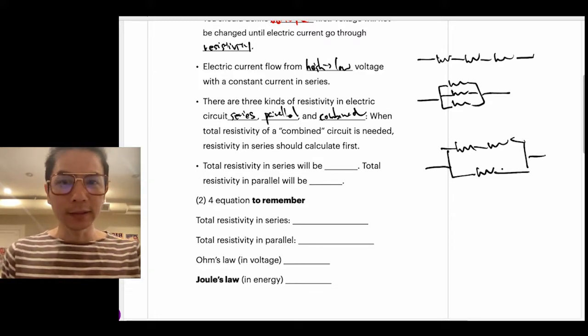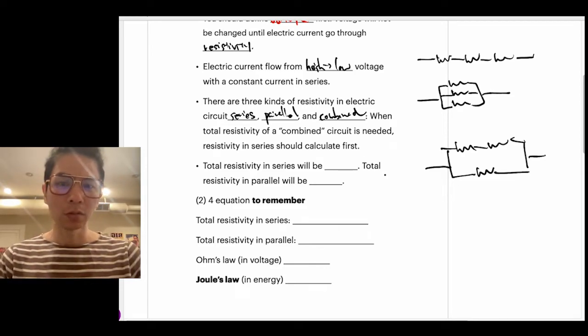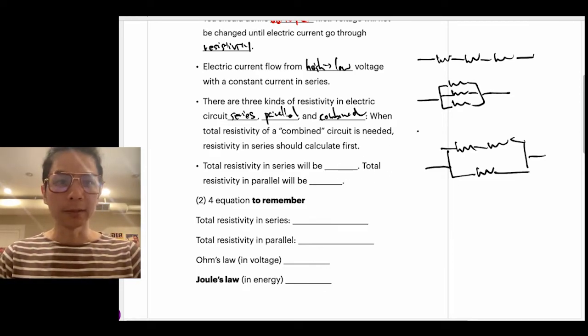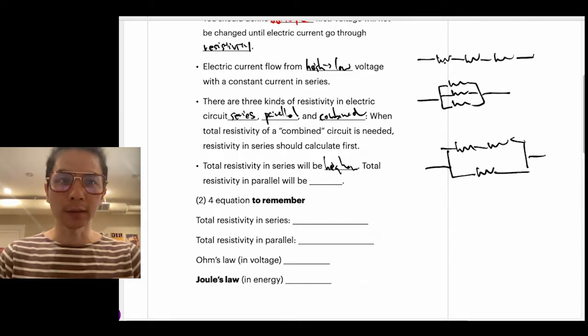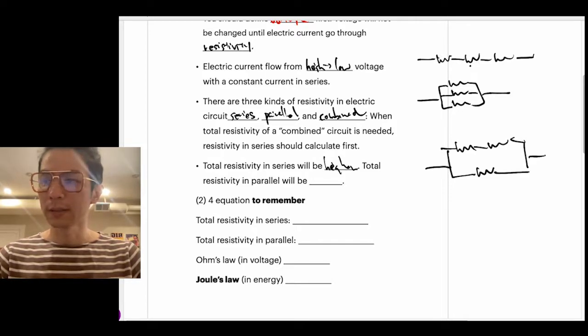The last thing is a tip. When resistivity is in series, the total resistivity is going to be higher than the individual ones. Let's say each resistor has a value, and one has the highest.